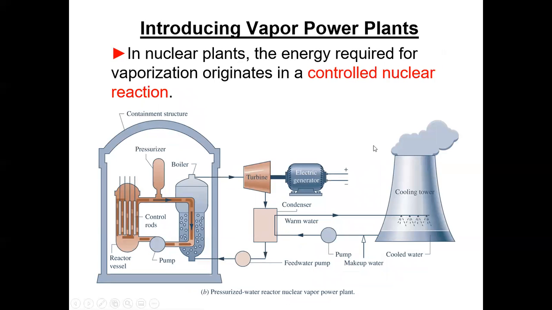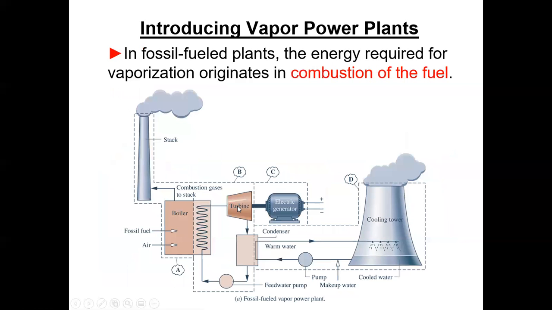So you notice for a nuclear power plant, the vaporization energy just comes from a nuclear reactor. And if you look, everything from about here over to the right is basically the same picture as we have here. We have some sort of a heat exchanger where we are vaporizing the water.